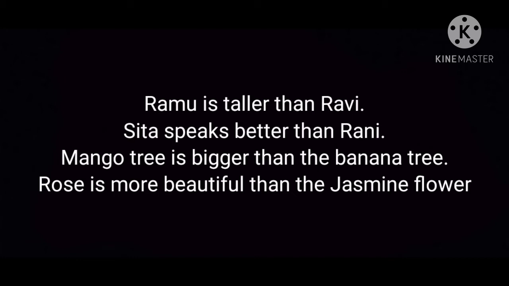Here also you can observe that than is followed by beautiful and it has more in front of it. So for every word which doesn't have er and est, such words will have more in front of them and also be followed by than. Rose is more beautiful than the jasmine flower.